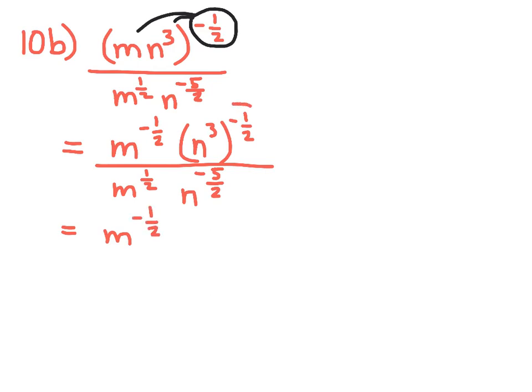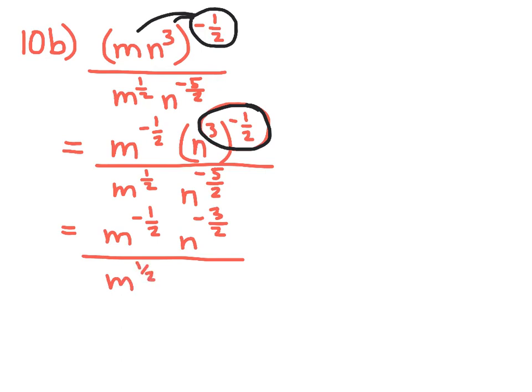And now this is a power of a power right there. So I have n to the power of 3 to the power of negative a half. You multiply those two exponents. 3 times negative a half is negative 3 halves. And on the bottom, I'm going to get m to the power of a half, n to the power of negative 5 halves. You just have to be very careful when you're doing these things.